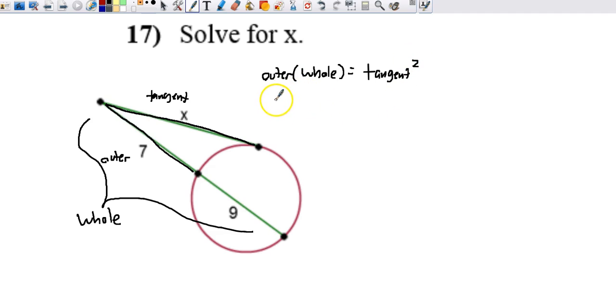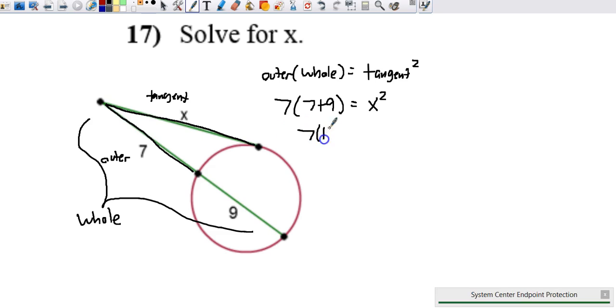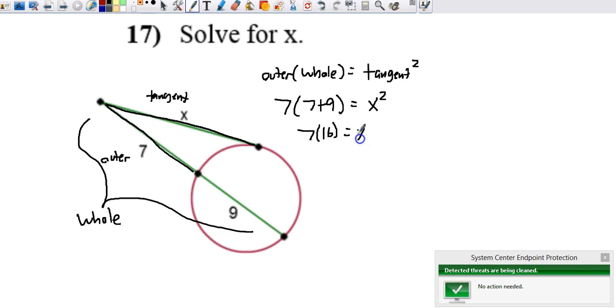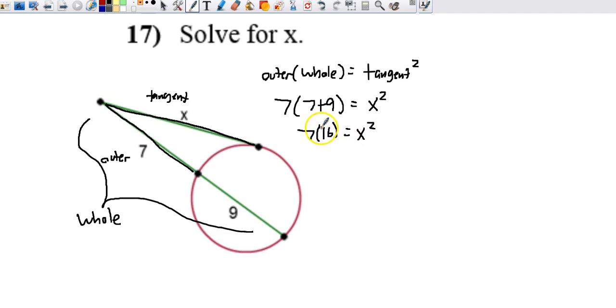So the outer is going to be 7 times the 7 plus the 9 equals x squared. 7 plus 9 is 16. So 7 times 16 is going to be what? 112.